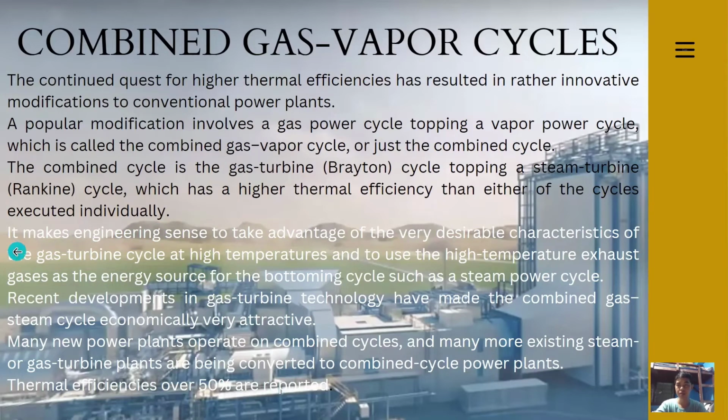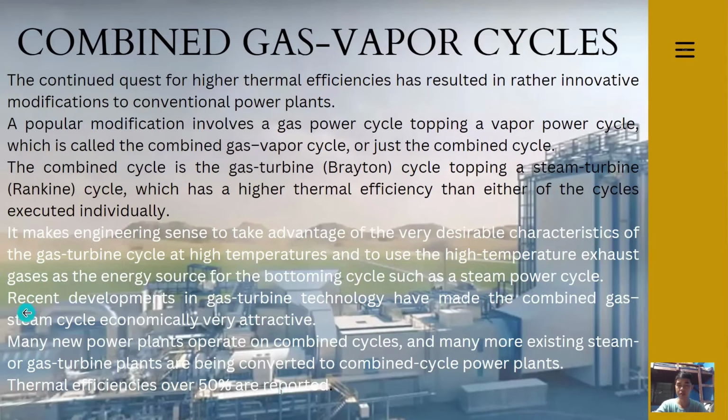So it makes engineering sense to take advantage of the very desirable characteristics of the gas turbine cycle at high temperatures and to use the high temperature exhaust gases as the energy source for the bottoming cycle, such as a steam power plant.